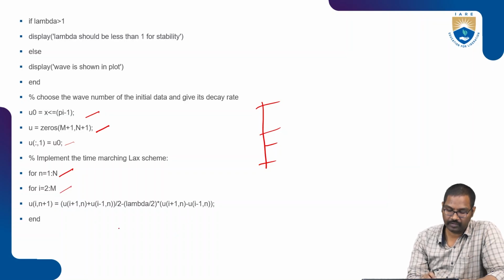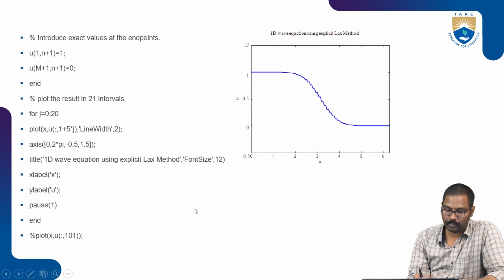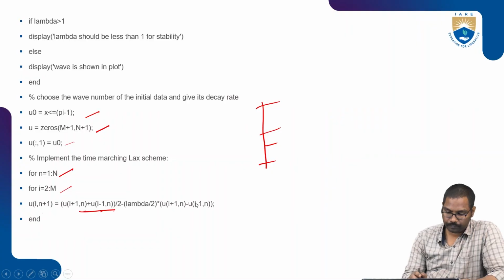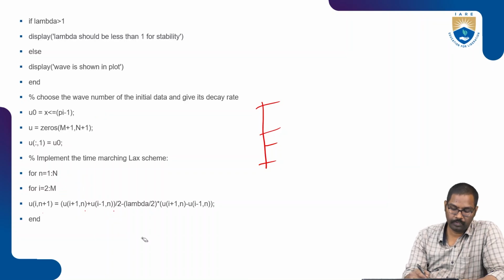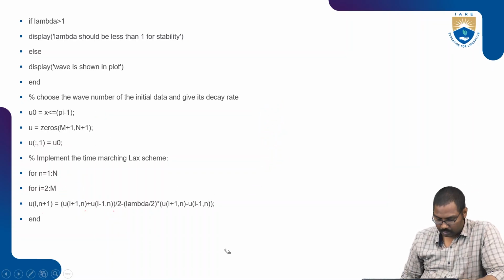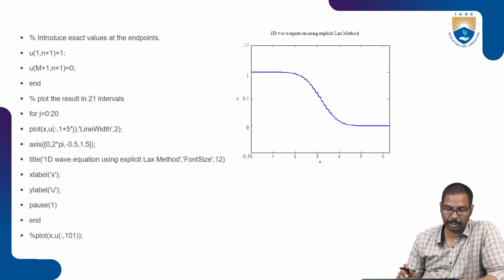Here we take the discretized equation as i: u_i^(n+1) equal to (u_(i+1)^n plus u_(i-1)^n) divided by 2, minus lambda by 2 into (u_(i+1)^n minus u_(i-1)^n). So this is the discretized equation, and the for loops are used for solving it in the spatial and the time direction.